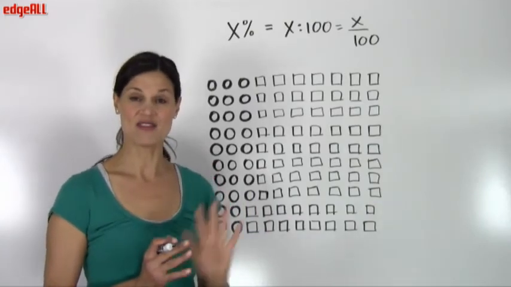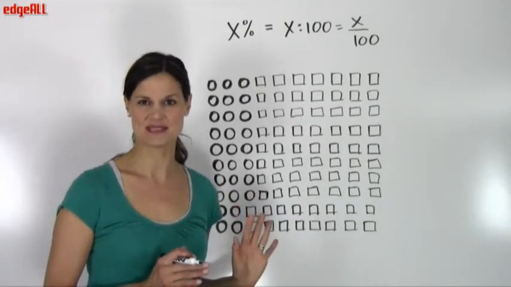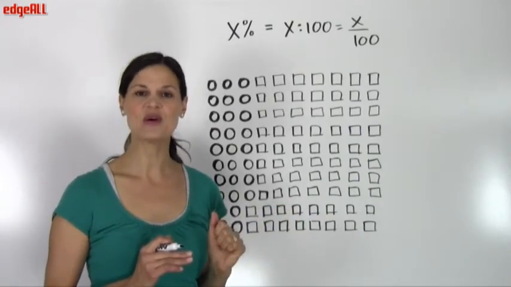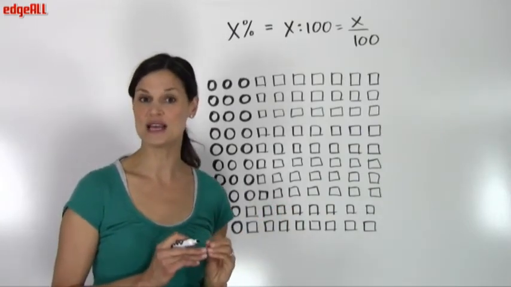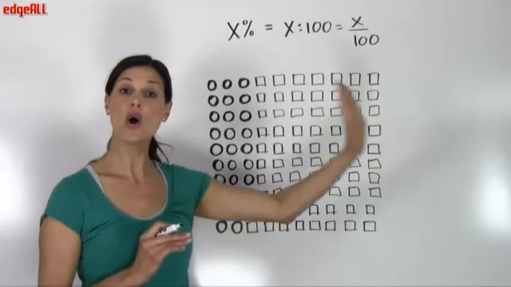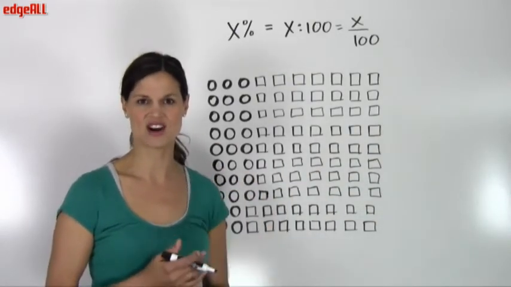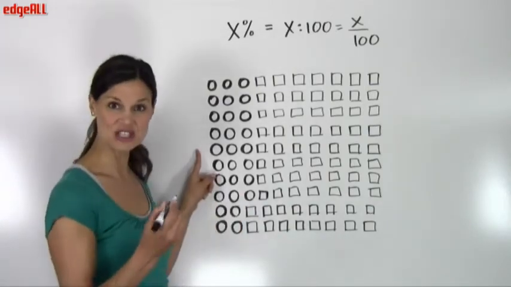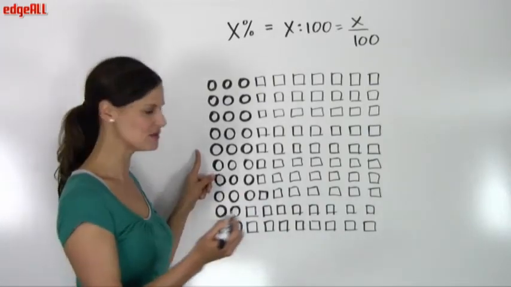And out of the 100 shapes, 28 of them are circles. And so what we're going to compare is the total number of circles to the total number of shapes in our set.